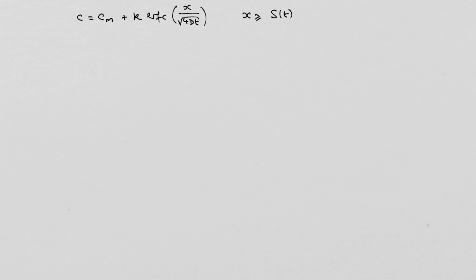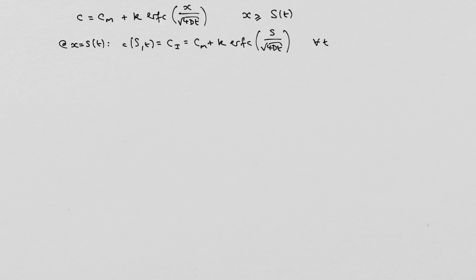At the interface itself, so at x equals s of t, we have C of s and t must be the interfacial concentration, which is C_m plus K times the complementary error function of s over root 4Dt. And that's got to hold for all time.